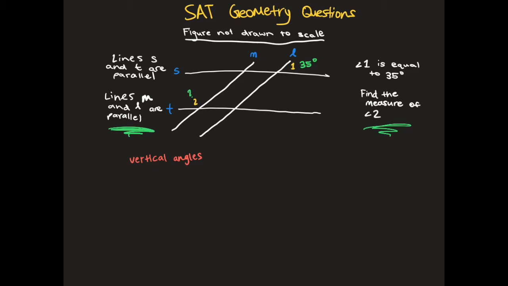Vertical angles are these angles, let's do 1 and 2. They will always be the same angle. So if angle 1 is equal to 20 degrees, angle 2 is also equal to 20 degrees. Those are vertical angles.